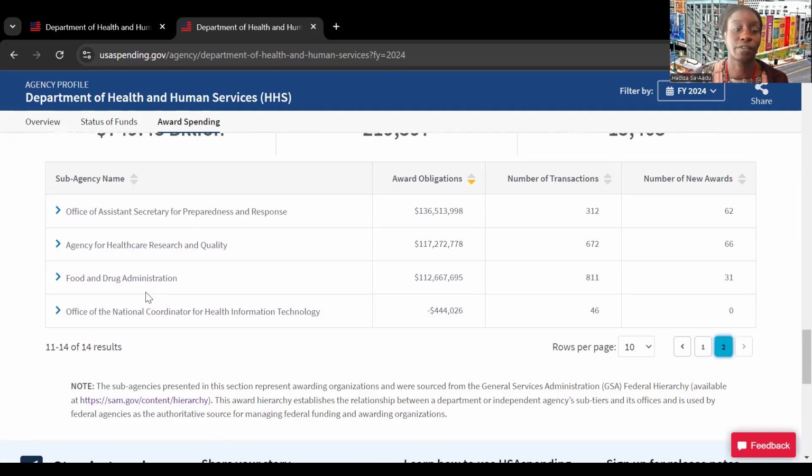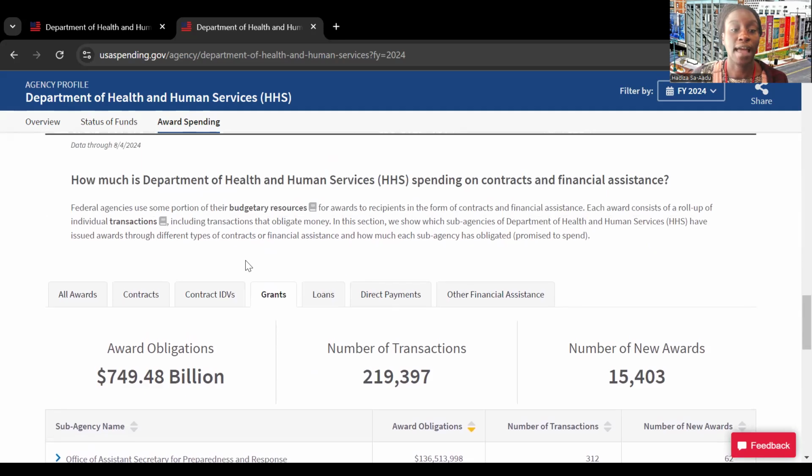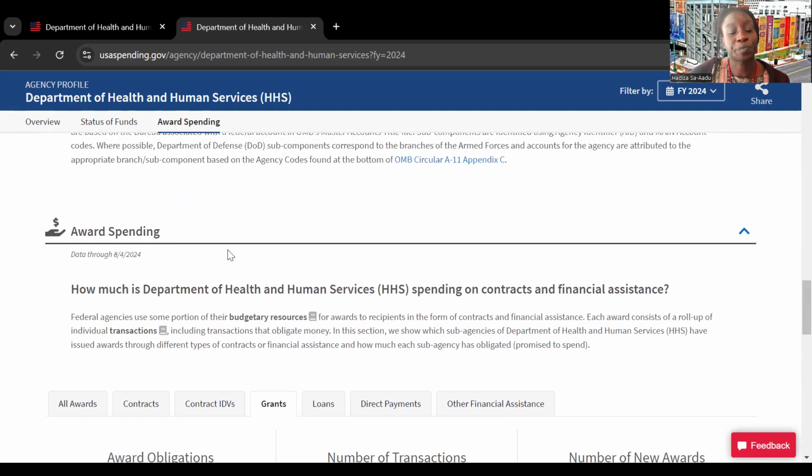So quite a lot of information about how the federal government allocates spending and how part of that spending goes into the form of grants that go to states, that go to institutions that provide services and products that meet the different needs that the federal government has created agencies for.